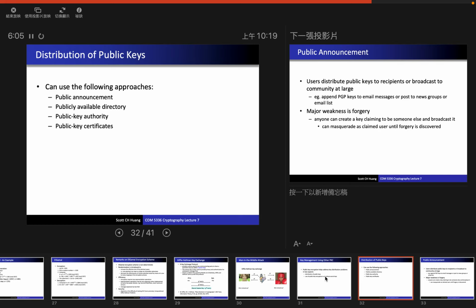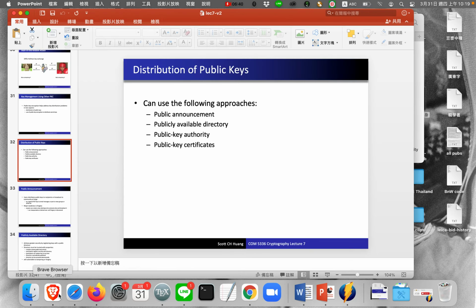For example, in Taiwan, we have Chunghwa Telecom, and there are many other companies that issue certificates, and those companies are trusted by your browser.